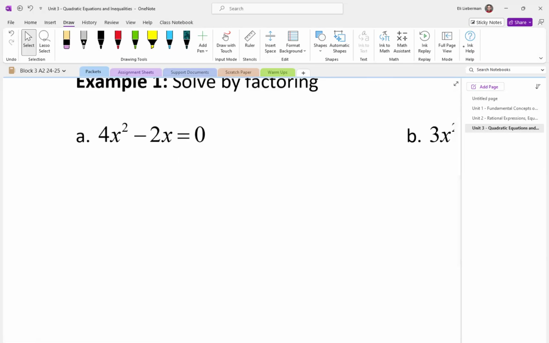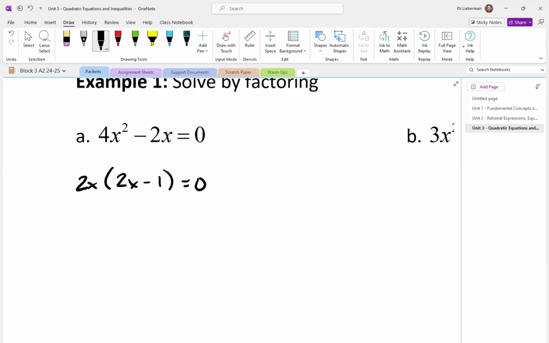And the way we're going to start solving this is by using ZPP, which means we need to make it a product. How do we make this left side a product? By factoring out the 2 and the x, leaving us with 2x minus 1.